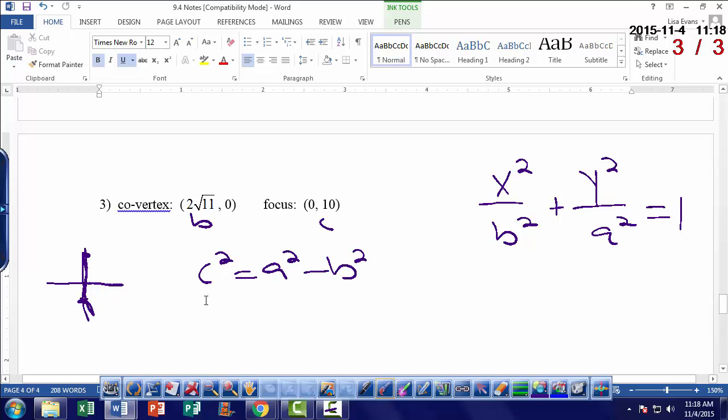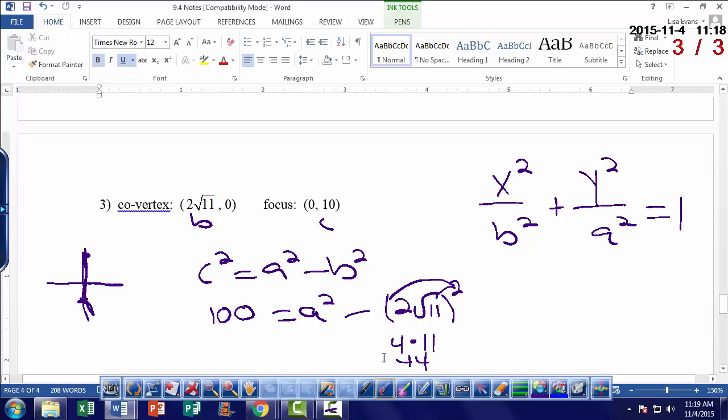So c is 10, so 10 squared is 100, minus 2 root 11 squared. So we're squaring the 2, which is 4. We're squaring the root 11, which is 11, so I get 44. I'm going to add 44 to both sides, so I get 144 equals a squared.